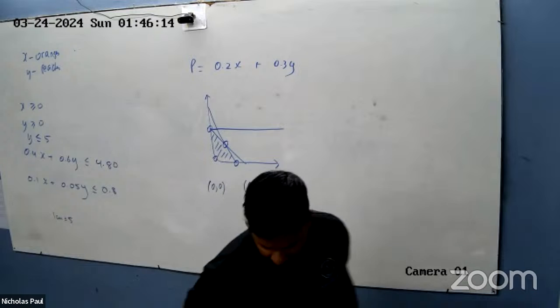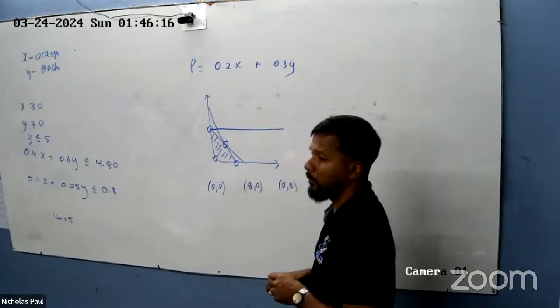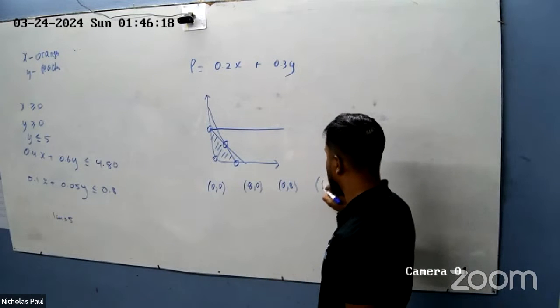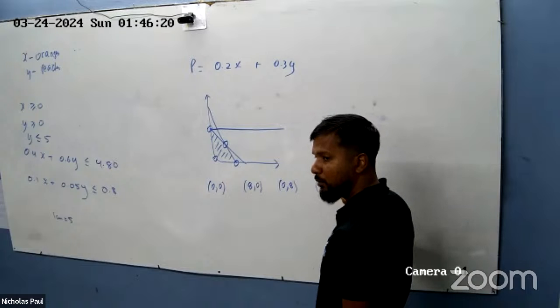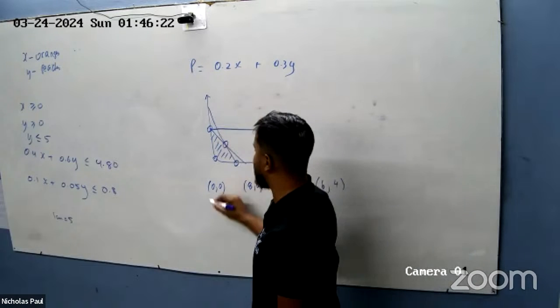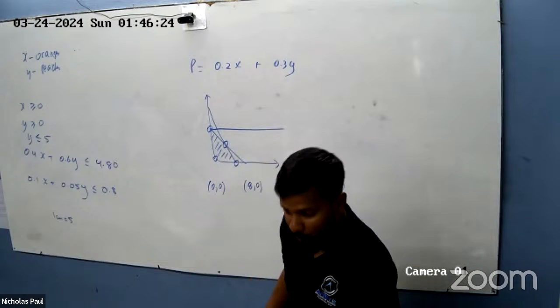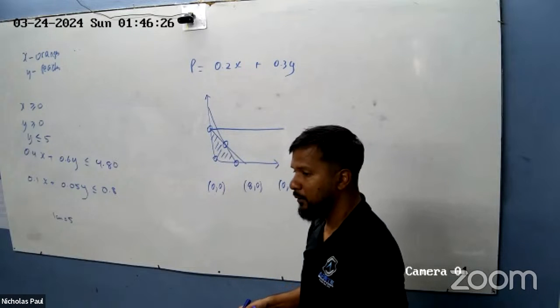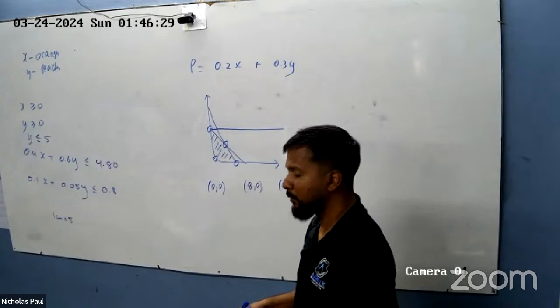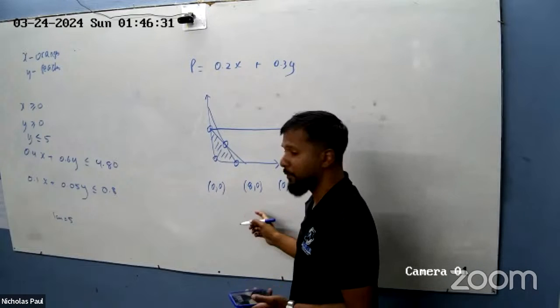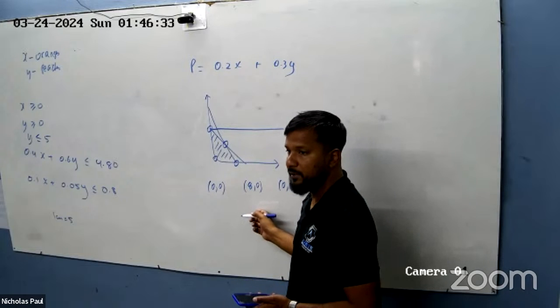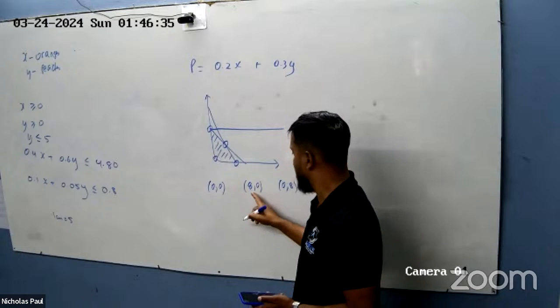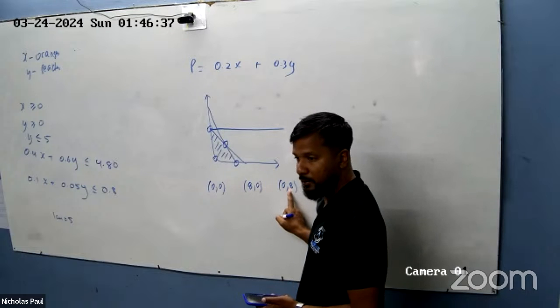And what was the last one? 6, 4, 6, 4, right? And then they plug it into the profit, and they want which one maximizes? Is 0. Here's 0.5.